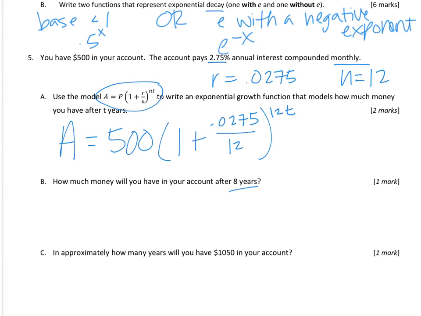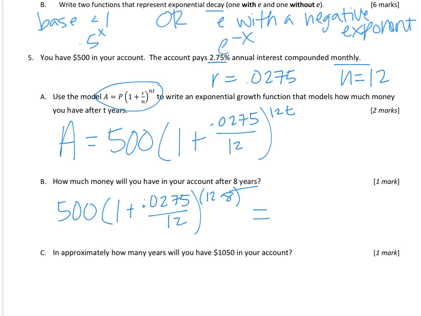Down below, now they tell us how many years. So we're going to take our exact same equation and plug in 8 for t. So 0.0275 over 12, and then 12 times 8. All right, so that you can put in your calculator just like it is, not in the y equals part.